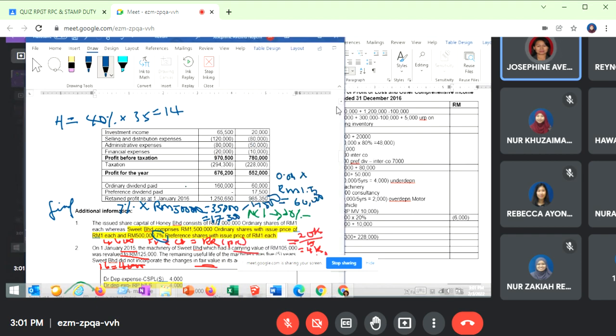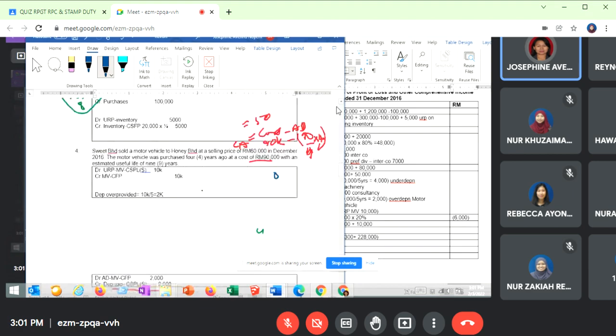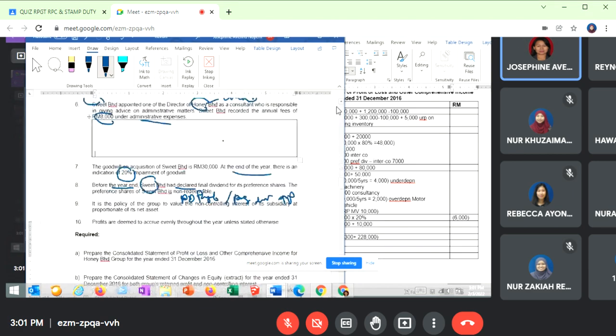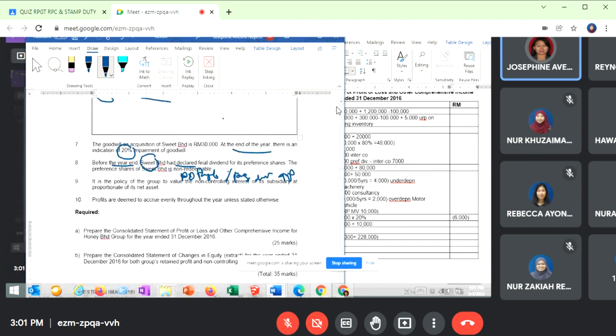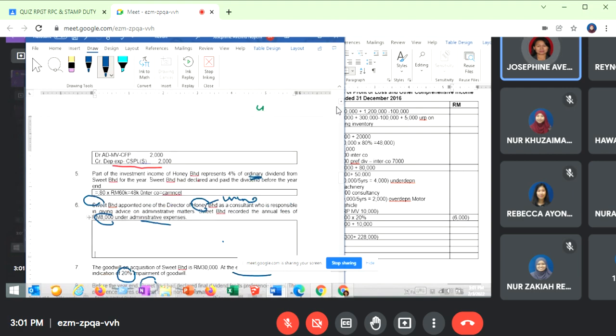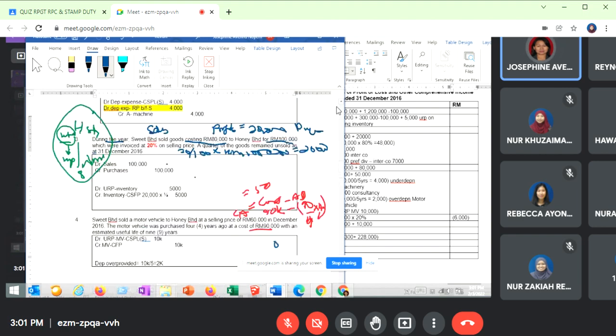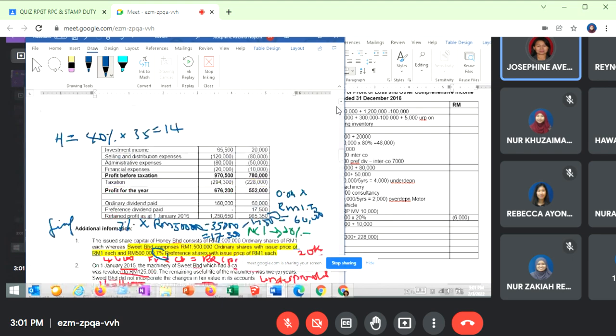But hold on, as I said just now, Sweet had declared final dividend for its preference share. Part of the investment income represents 4% of the ordinary dividend from Sweet. Sweet had declared and paid the dividend during the year end. There's no mention about the preference dividend, so that means that the parent has not recognized its share.